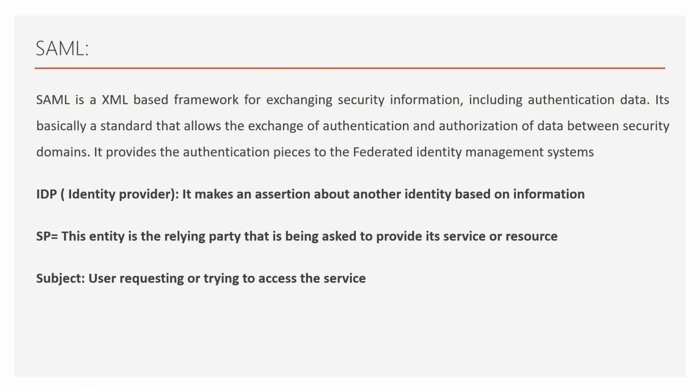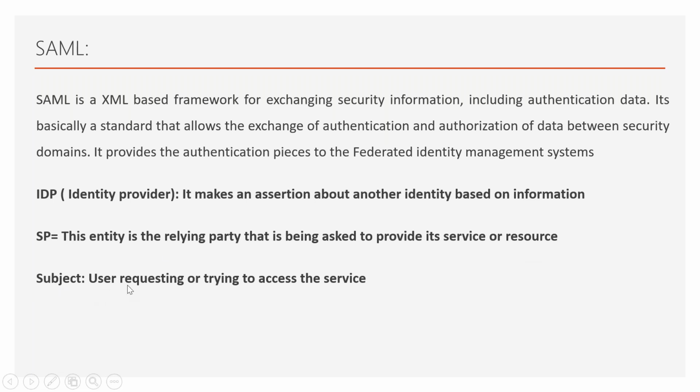SAML is basically a framework which is used to exchange authentication and authorization data between different security domains. When we talk about SAML, you have three types. One is the identity provider, which makes an assertion about another identity. You have a service provider, which is providing access to the service or resource.